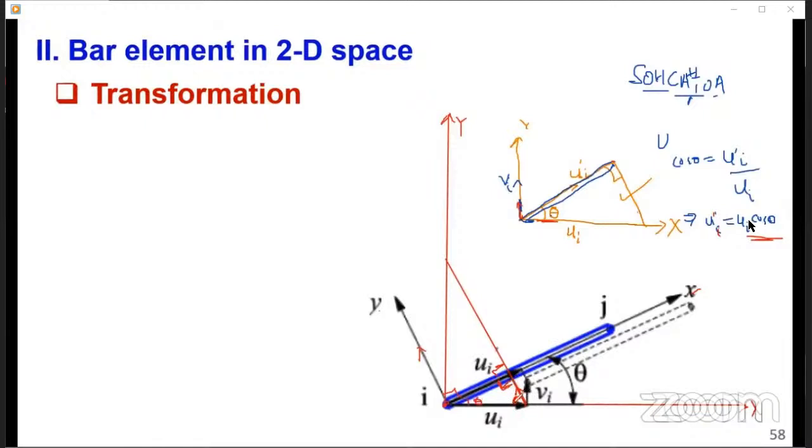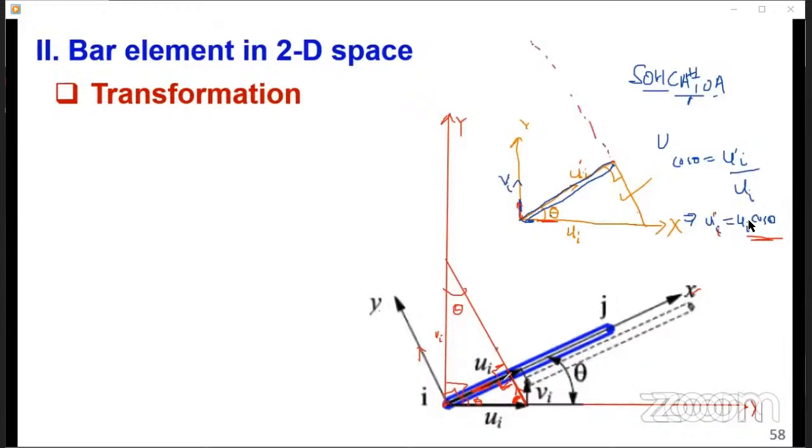Then if this angle is 90 minus theta, and we know this big angle here is 90, then this angle here is theta. So you have theta, this is the vertical vi component, and we have the u prime i here. I wanted space because now I have extended this line here.